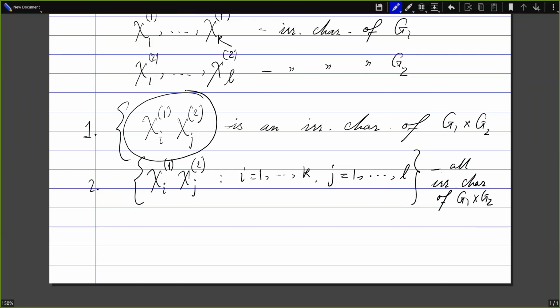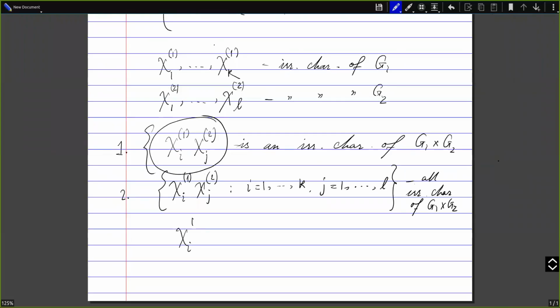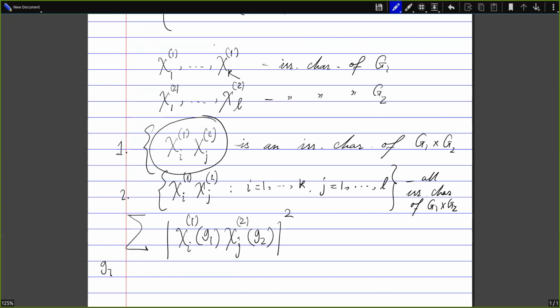So basically we have to prove that the sum over G1 and G2 of chi_I^1(g1) times chi_J^2(g2), squared in modulus, divided by the order, is 1, in order to show that this character is an irreducible one.